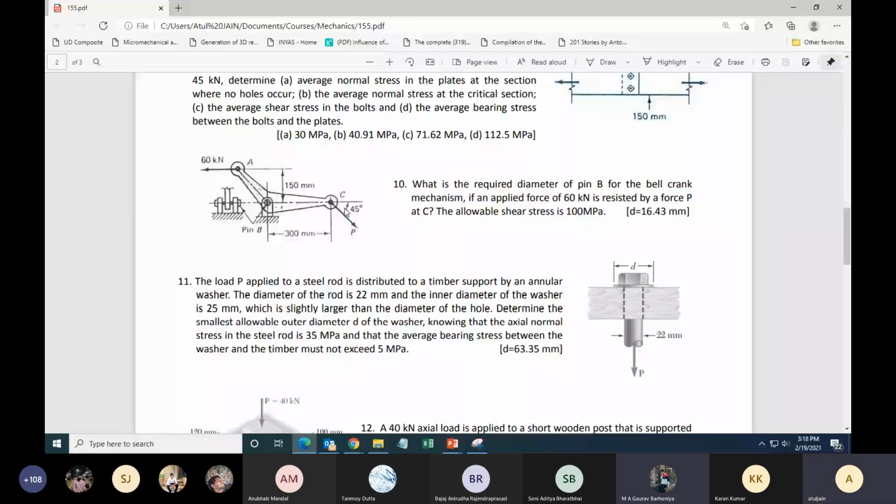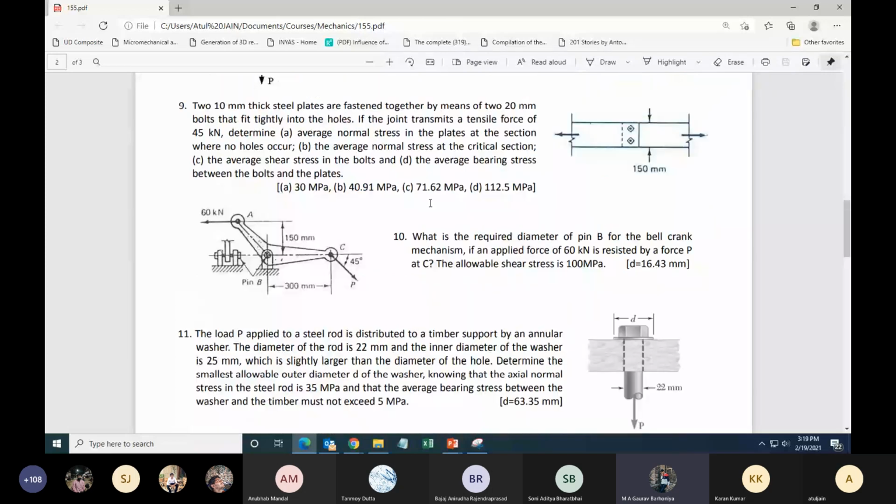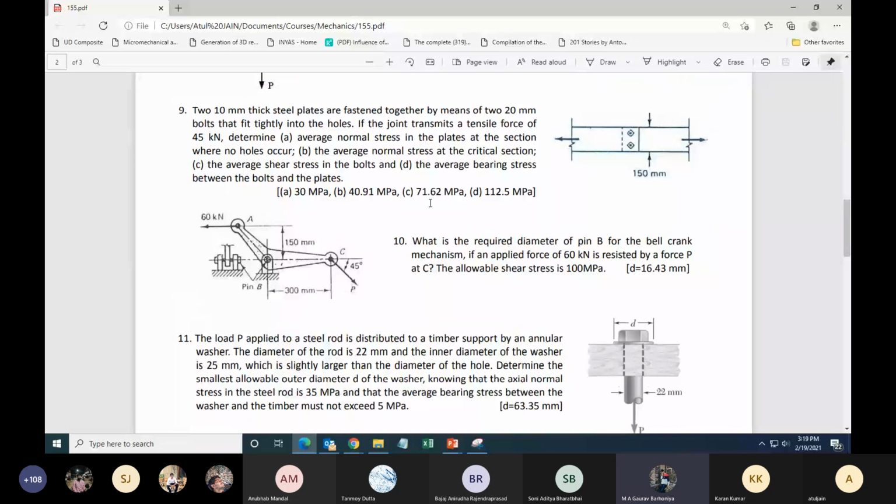Excuse me, sir, I'm not getting the D part or the last part of question number 9. How much are you getting? 225, is it? Yes, sir. You are getting approximately double, not exact double.